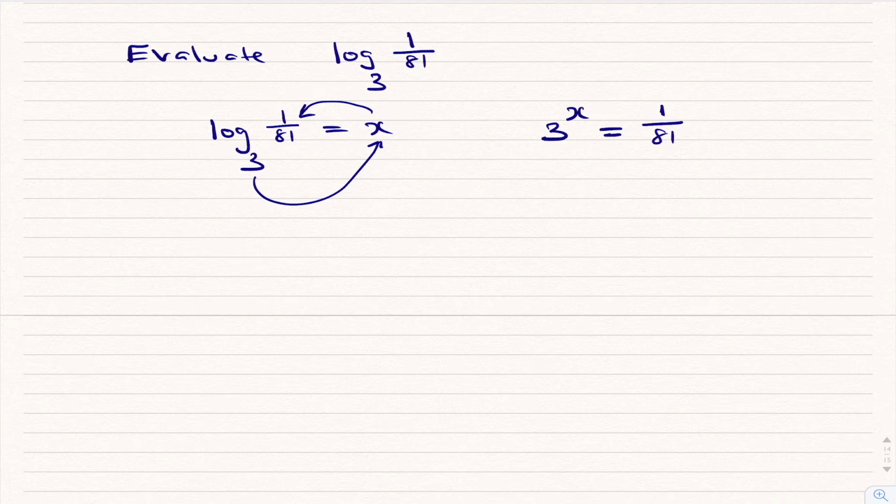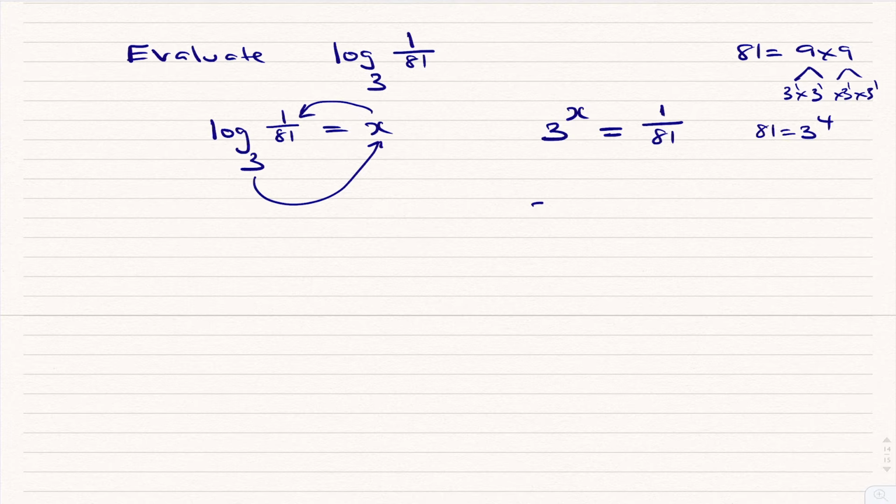But we know that 81 equals 9 times 9, and 9 is 3 times 3, so 81 is 3 times 3 times 3 times 3, which equals 3 to the power of 4, because there's 1, 1, 1, 1. Bases are the same, add the powers when you're multiplying them. So 81 equals 3 to the power of 4.